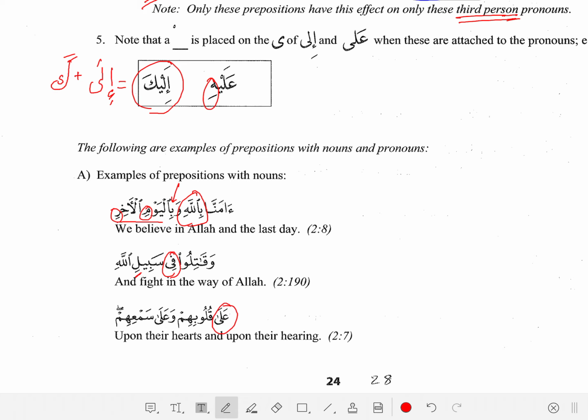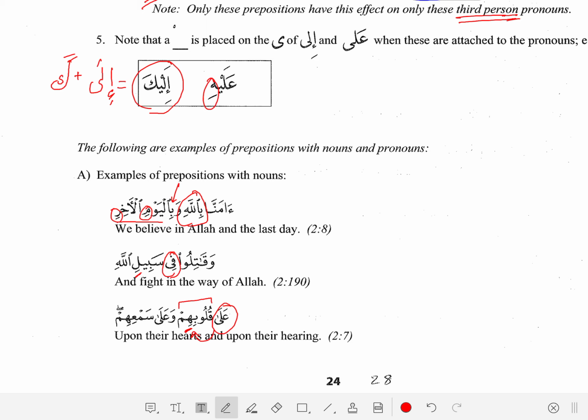So here it's a connection. This is qulub plus hum, it's a compound, so it becomes qulubihim, right? There will be a kasra because of ala on this combined word.